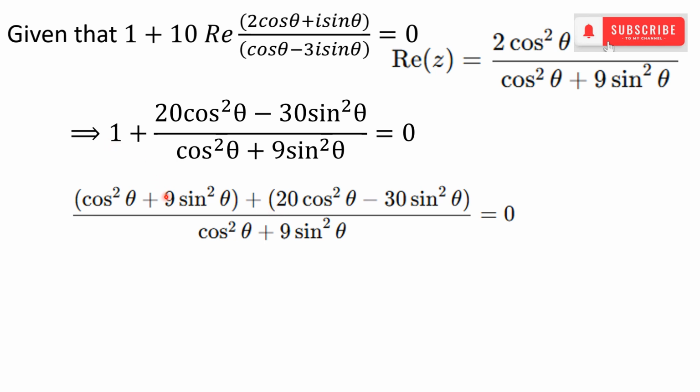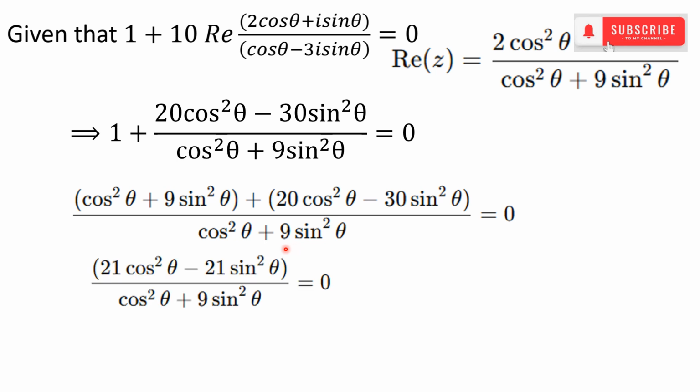So we get (cos²θ + 9 sin²θ + 20 cos²θ − 30 sin²θ)/(cos²θ + 9 sin²θ) = 0, which implies (21 cos²θ − 21 sin²θ)/(cos²θ + 9 sin²θ) = 0. That is 20 cos²θ plus 1 cos²θ makes 21 cos²θ, and 9 sin²θ minus 30 sin²θ is minus 21 sin²θ.